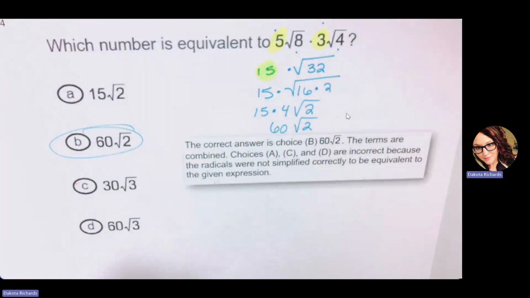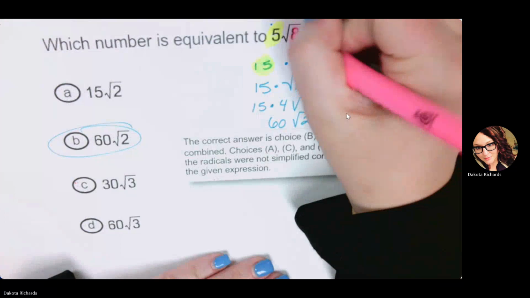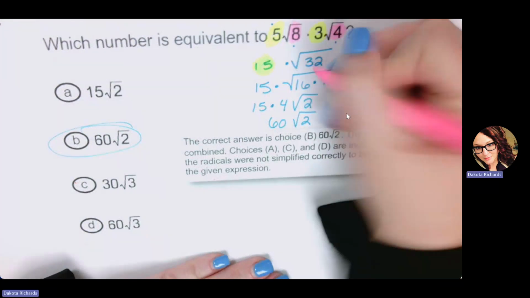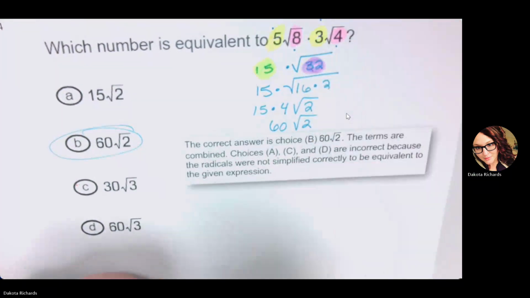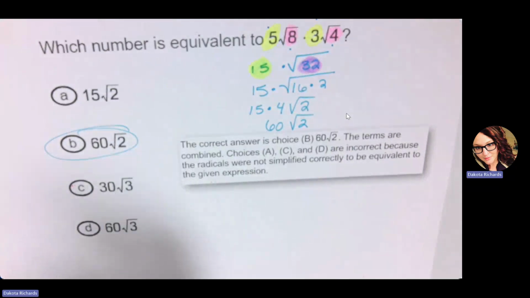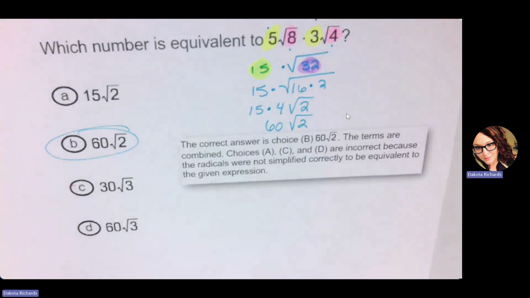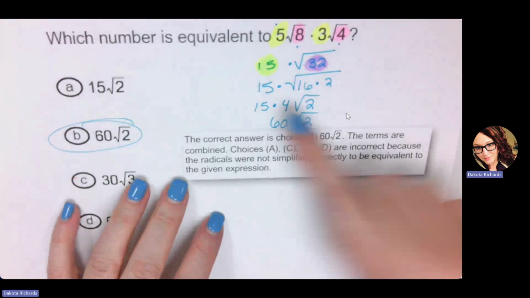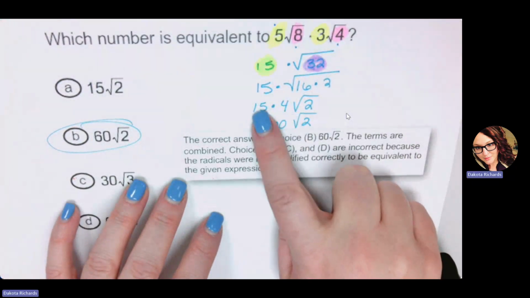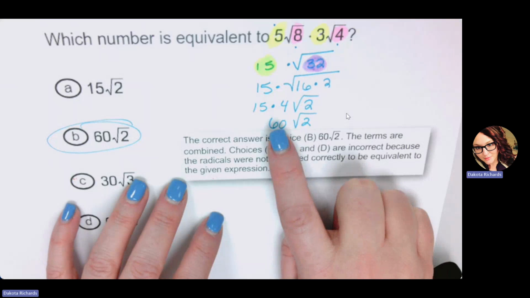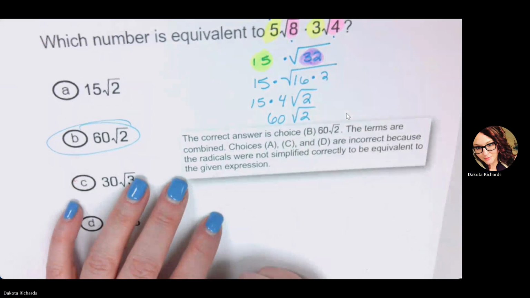On the inside of the radical, what's 8 times 4? 32. Well, you can rewrite 32 by saying it's 16 times 2. The square root of 16 is 4. 15 times 4 is 60. So it's 60 square root 2.